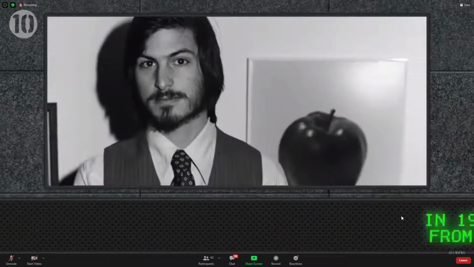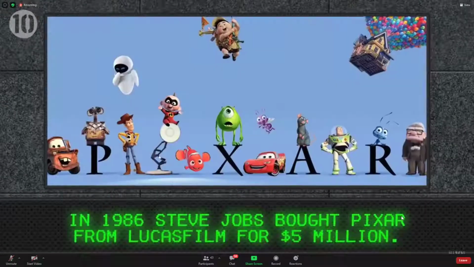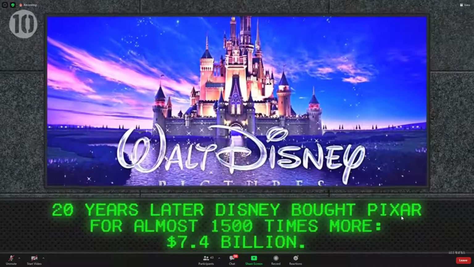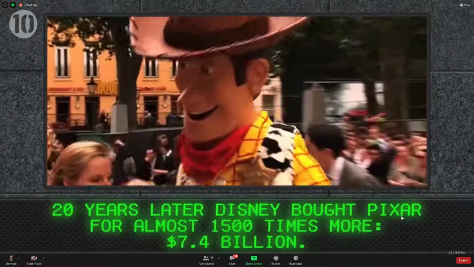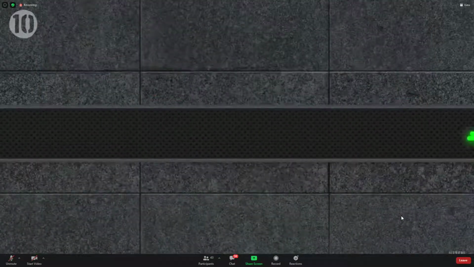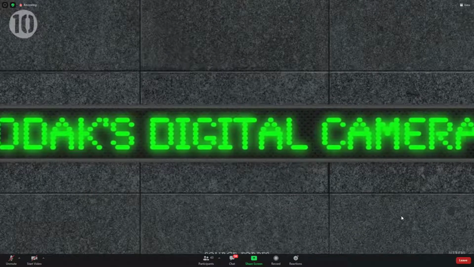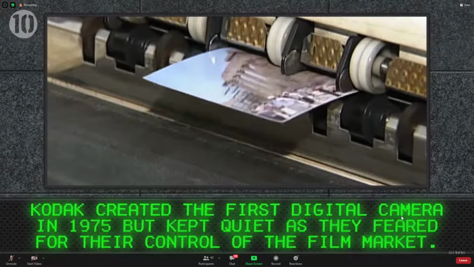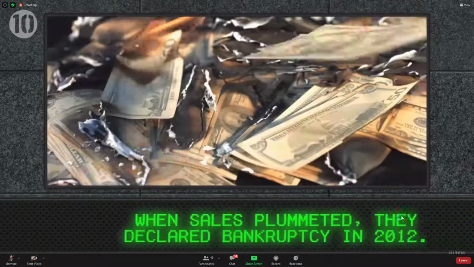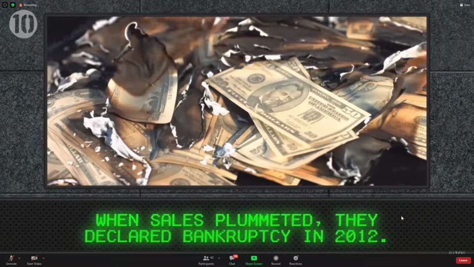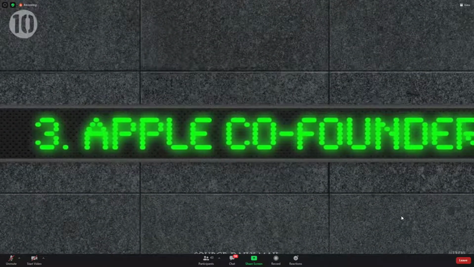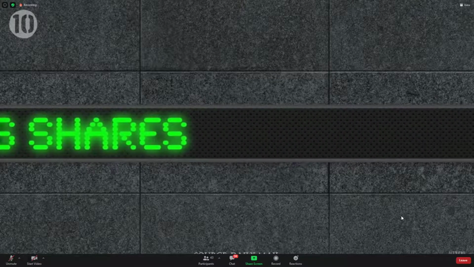We have the sale of Pixar. When we went to Pixar, bought Pixar. 20 years later, bought Pixar almost 1,500 times higher. Kodak and the digital camera. So Kodak created the digital camera, but they kept quiet when they went bankrupt. The three Apple co-founders held the shares.